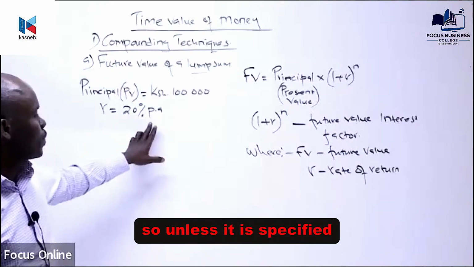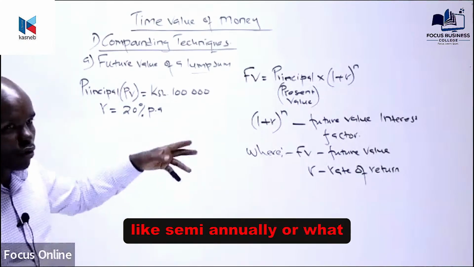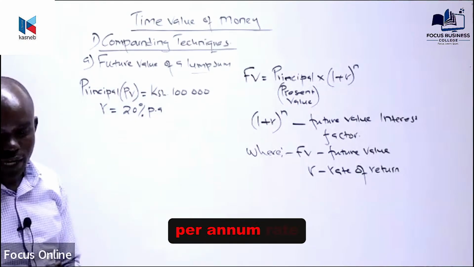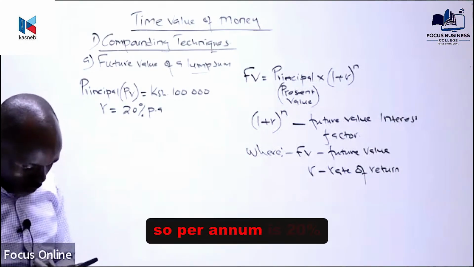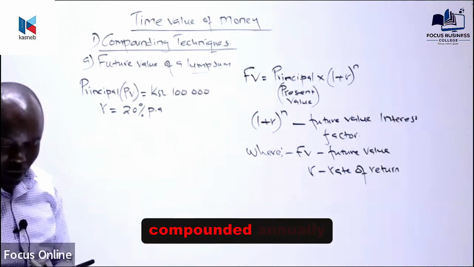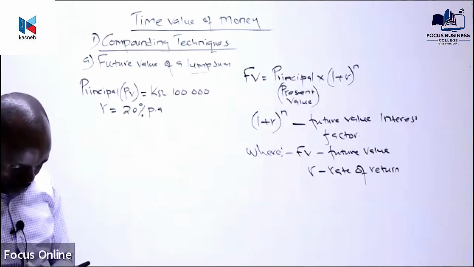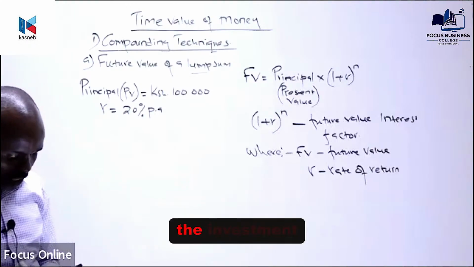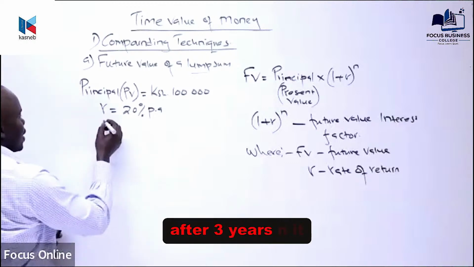Unless it is specified like semi-annually or otherwise, you should take it as a per annum rate. So it is 20%, compounded annually. Determine the future value of the investment after 3 years.